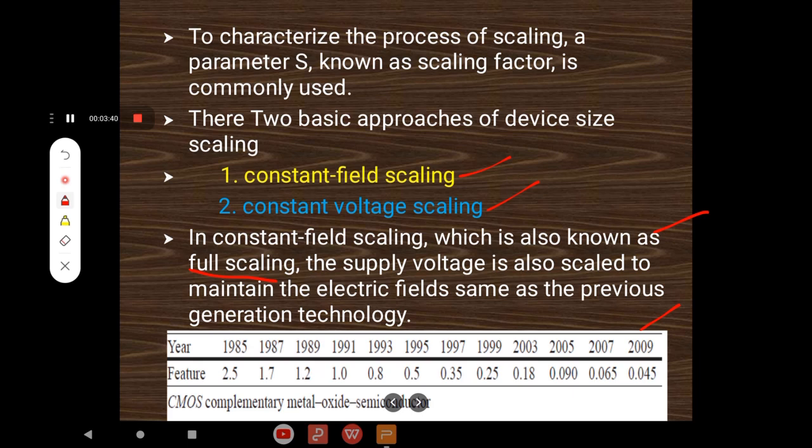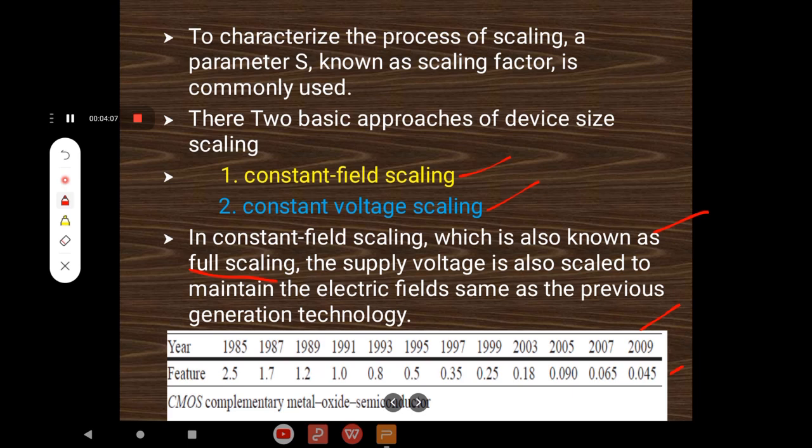Let us see, these are some of the statistics from 1985 to 2009, when the CMOS devices' scaled dimensions were obviously reduced to very small dimensions, right? In the first one, 2.5 was there in 1985. In 1987 it is 1.7. In 1989 it is 1.2. If you go for 2007 it is 0.065, and in 2009 it is around 0.045.